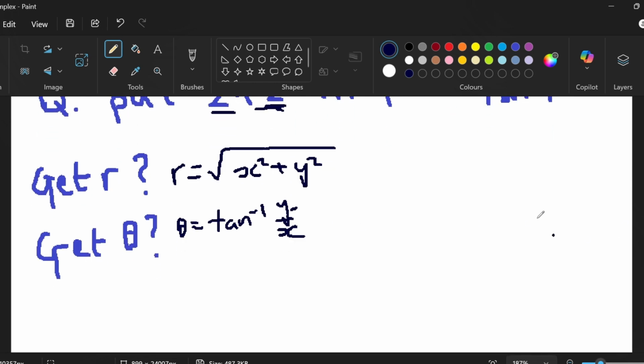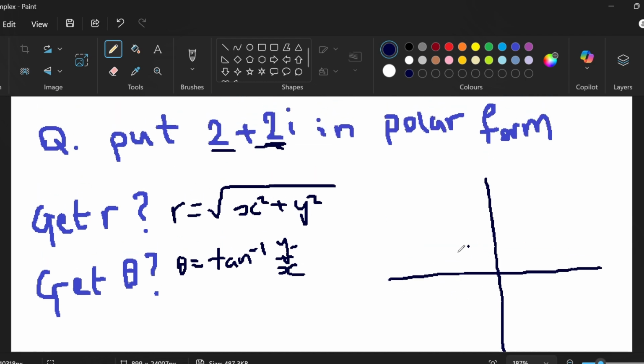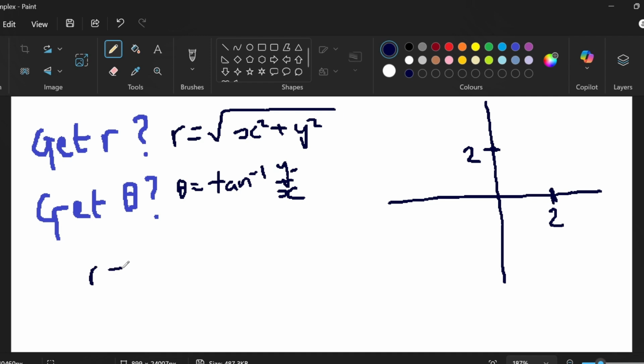And in this case, let's just draw a little Argand diagram sketch to visualize this a bit more. Our real part goes along the x-axis, so we have that 2 is our x value, and in this case, 2 is also our y value. So the modulus is going to be r is equal to the square root of 2 squared, which is 4, plus y squared, 2 squared again, which is 4.